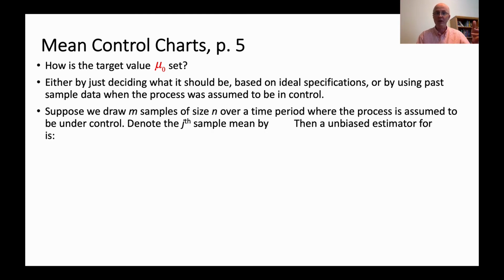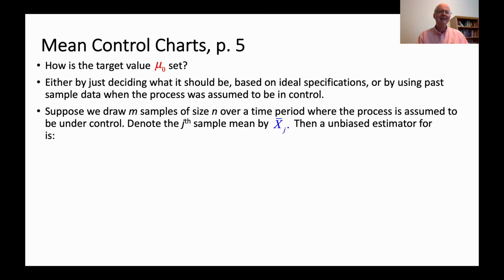In the example we're going to do m equals 25 samples of size n equals 4 over a time period where the process is assumed to be in control. Denote the jth sample mean by x bar sub j. So there would be x bar sub 1, x bar sub 2, x bar sub 3, etc. up through x bar sub m.